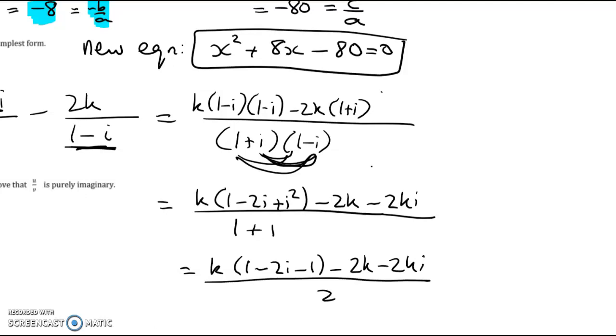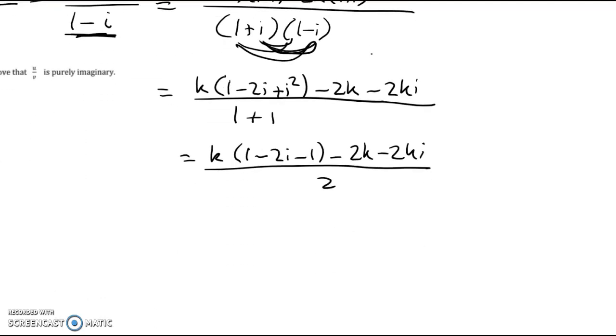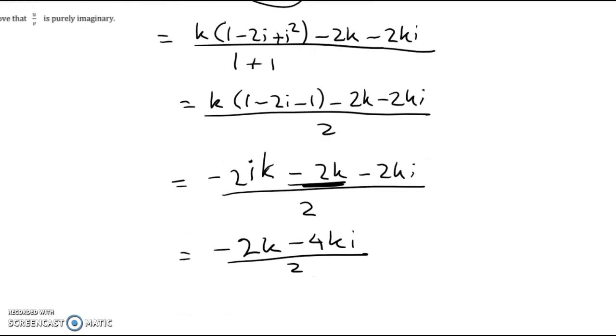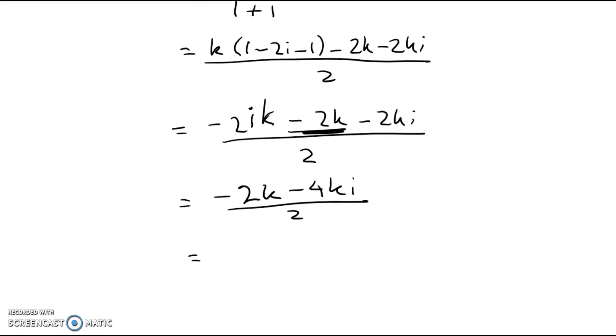And yes, I am going really slowly. Next, that gives me negative 2i times k, minus 2k minus 2ki, over 2, which is negative 2k, doing the real bit first, minus 4ki over 2, which is negative k minus 2ki.